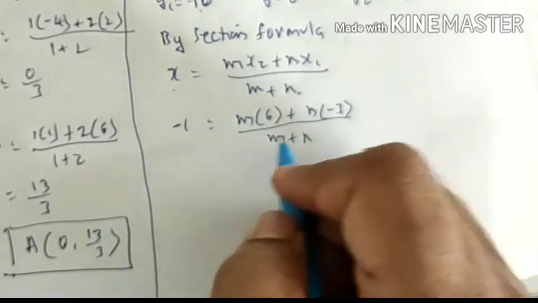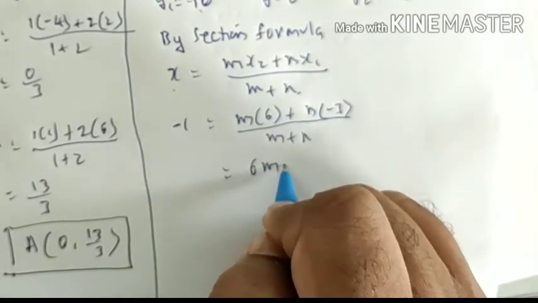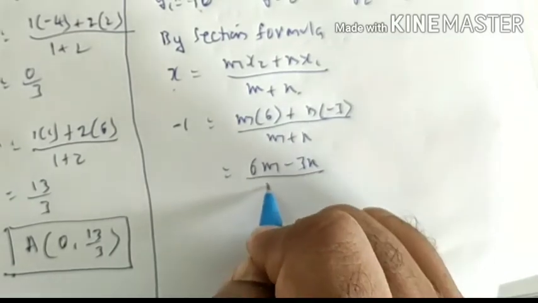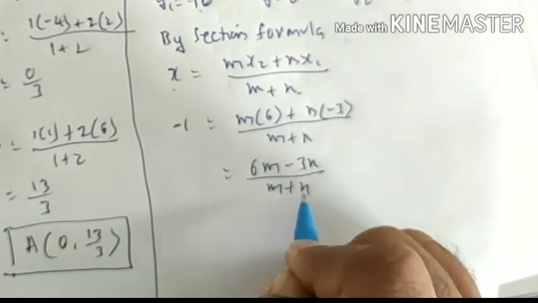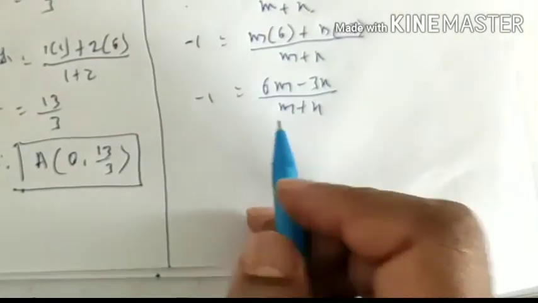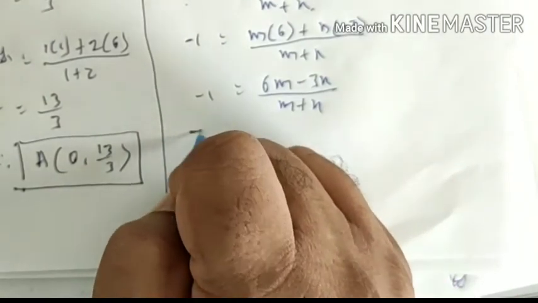It can be written as 6m minus 3n upon m plus n is minus 1. We shall bring m plus n this side. What we get?